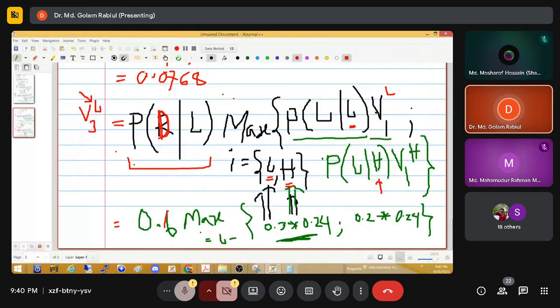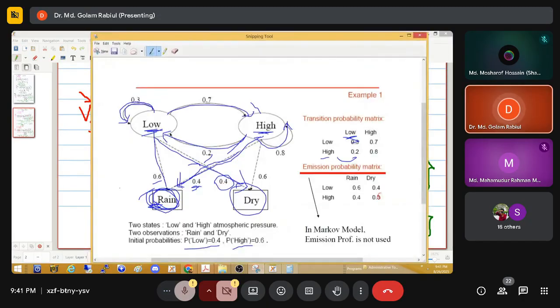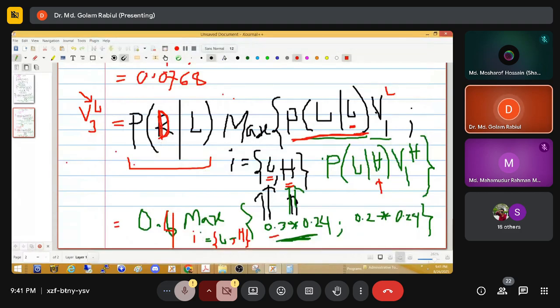Max of I can be L or H. Now, the first part, the probability of low given low is 0.3.